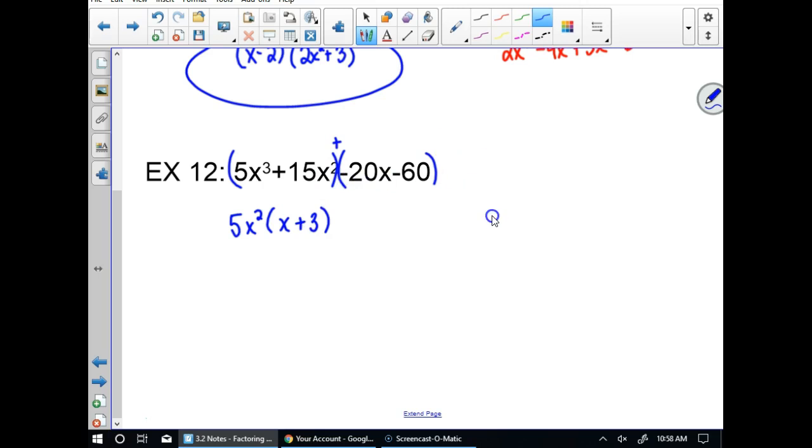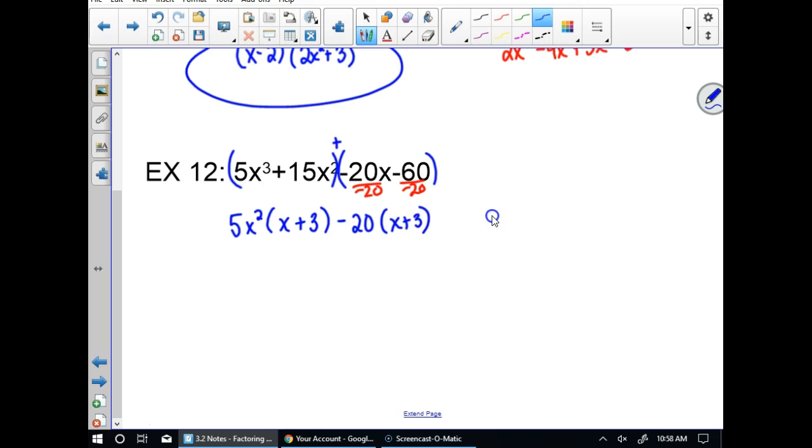I'll have negative x minus 3, right? So instead of taking out a positive 20, let's take out a negative 20. If you divide both of those by negative 20, the negatives divided by the negatives give you a positive, so you get x plus 3.